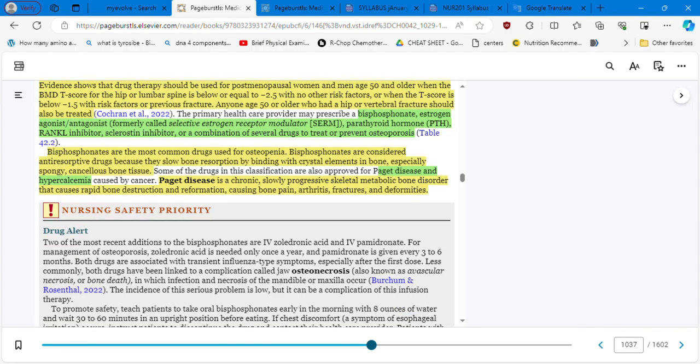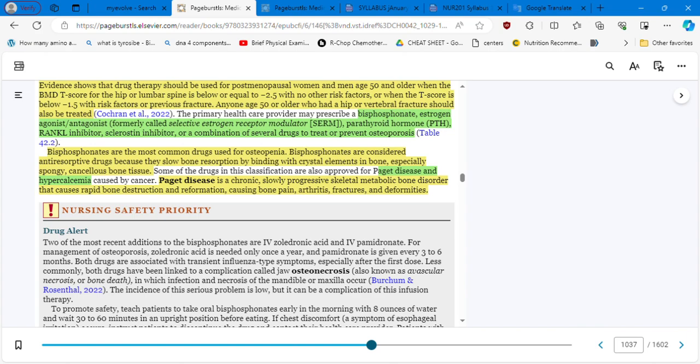Biphosphonates are the most common drugs used for osteopenia and are considered anti-resorptive drugs, meaning they inhibit the destruction of the bones because they slow bone resorption by binding with crystal elements in bones, especially spongy, cancellous bone tissue, the tissue in the trabecular space.